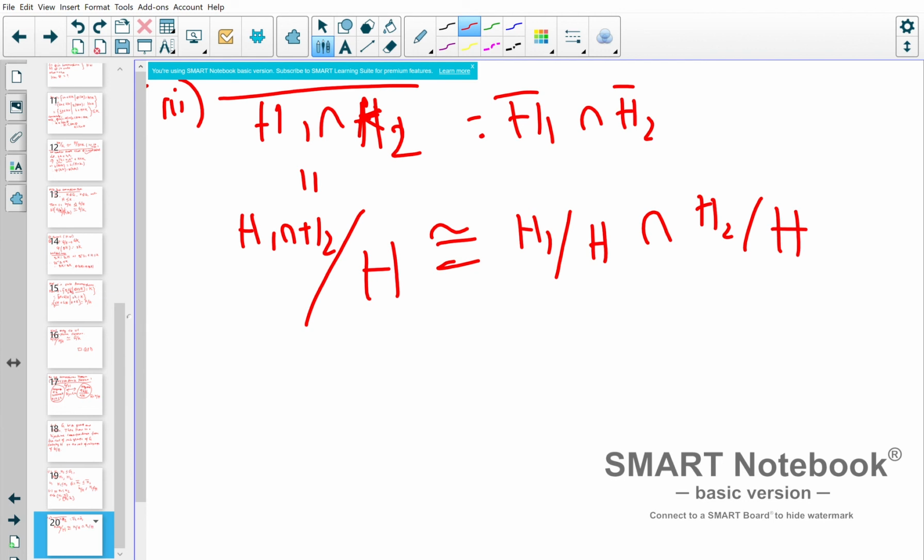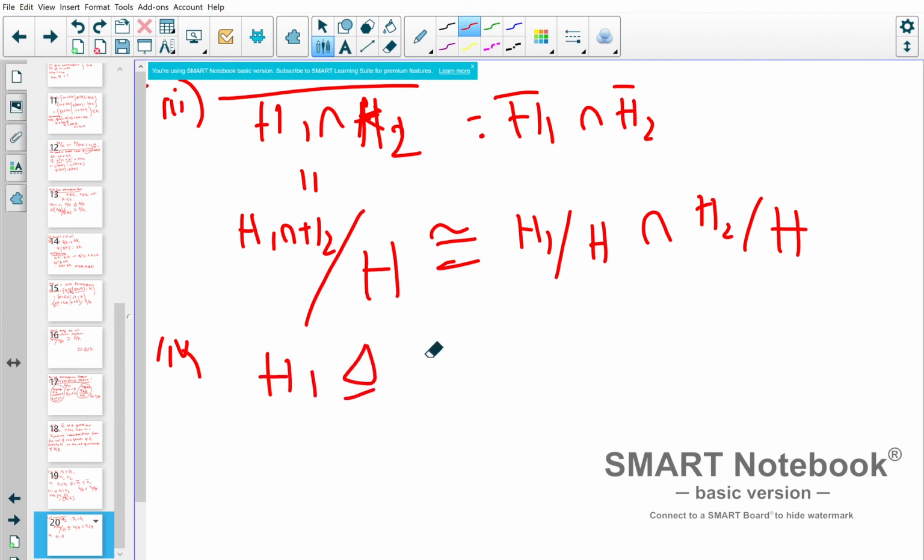And similarly, if you want to find out whether something is normal inside G, then it will be normal inside the quotient group. So how do I write that down?